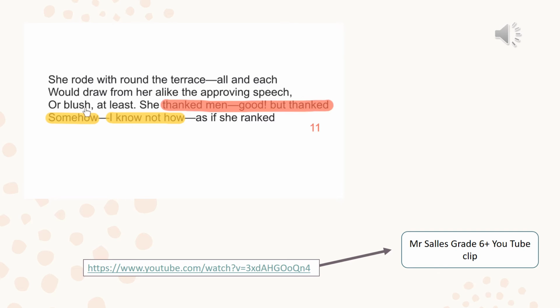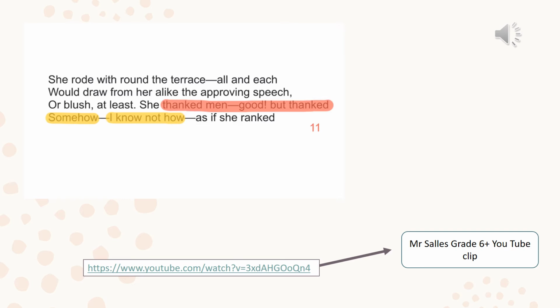He's talking about her blush, and then he picks on her good manners. She's thanked men, and he has to acknowledge that that's good. He'd expect her to behave like that, but he's not happy with it. So there's an objection: "But thanked." But now the enjambment, we're expecting a proper reason why he's not happy, but he's lost for words.